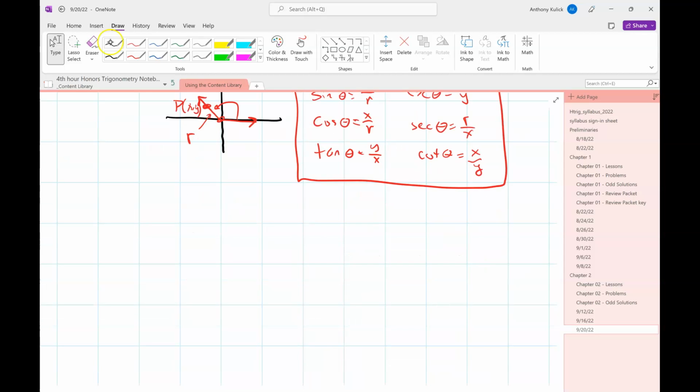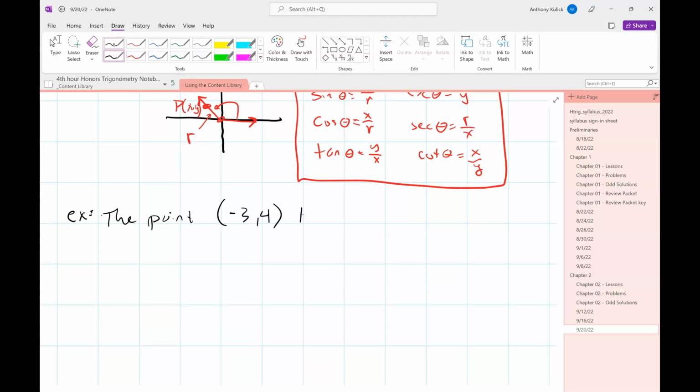So let's do an example here. So let's say that the point, well, I don't need a name for it, I'll just give it a number.